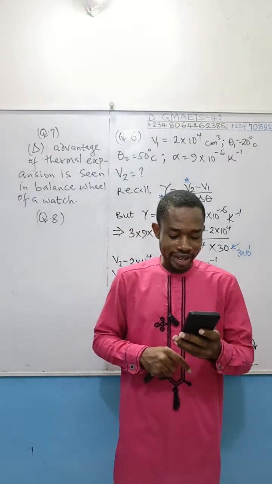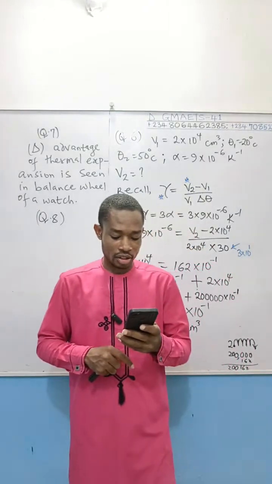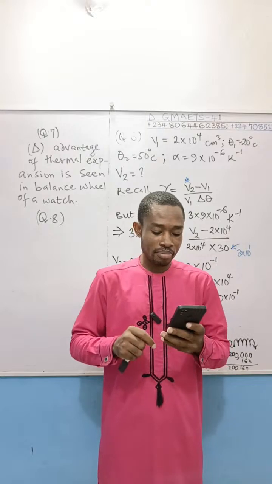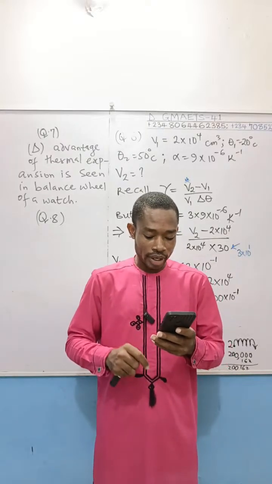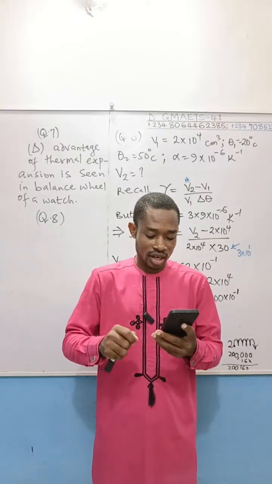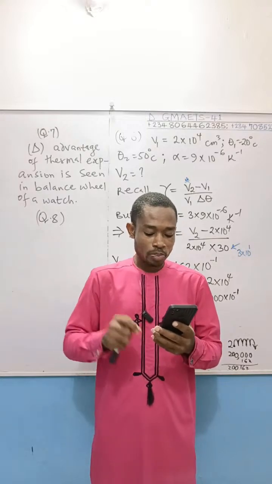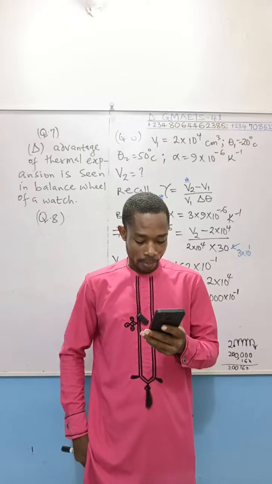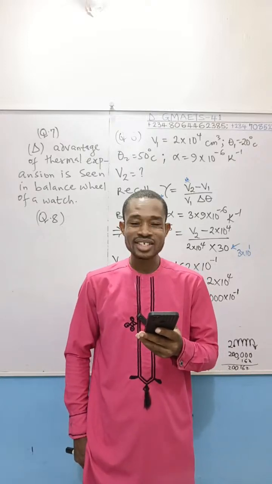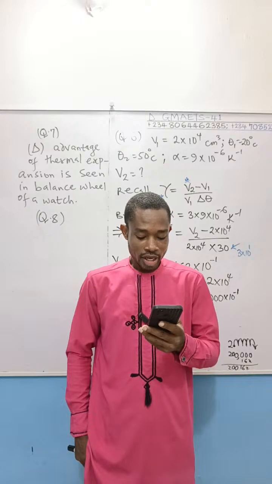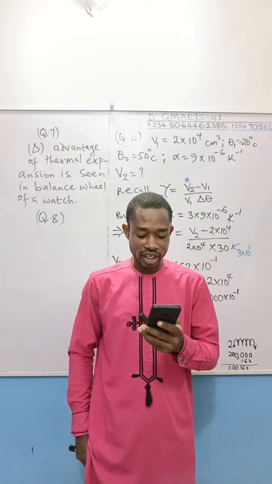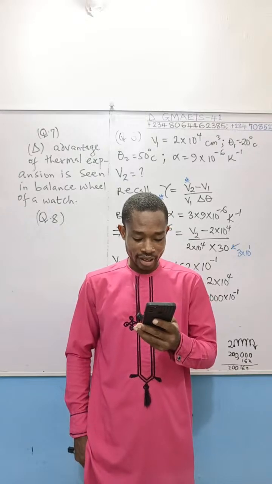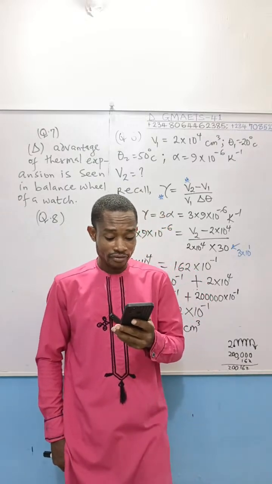Which of the following is an advantage of expansion in metals? A. Bimetallic strip. B. Compensated wheel of a watch. C. Temperature control in an electric iron. D. Sagging of telegraph wire.